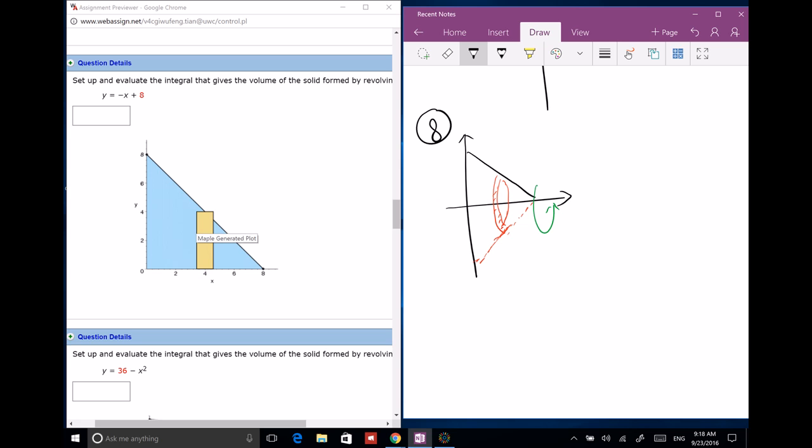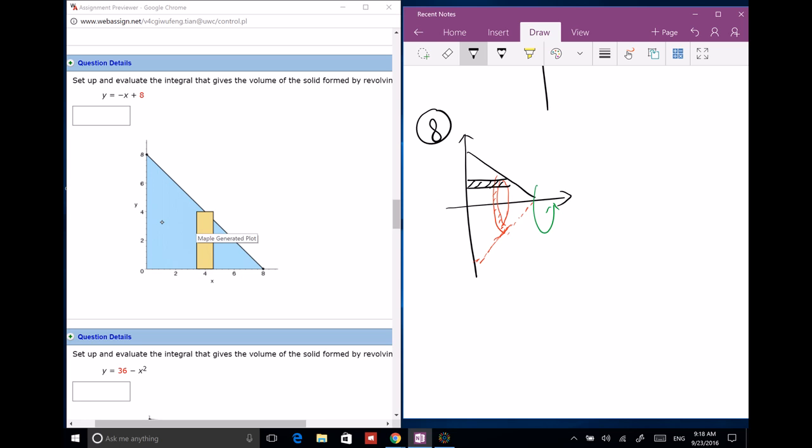Disk, right? Yeah, disk. Well, shell method is fine. Actually, you can do shell method, it's not really bad. But if you do shell method, it has to be this way.